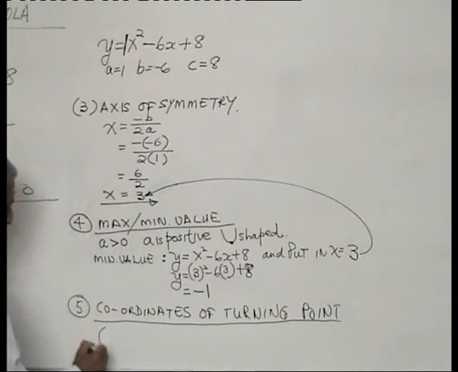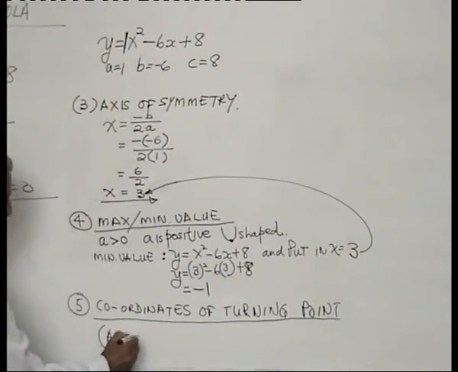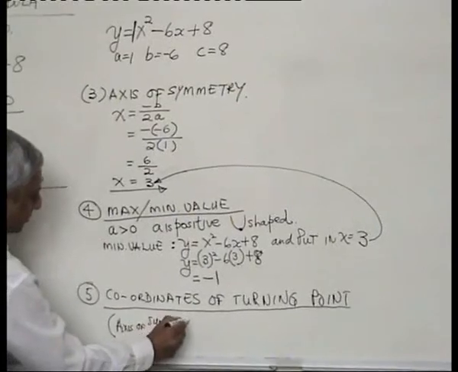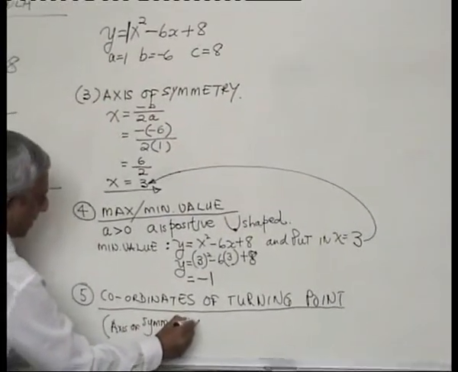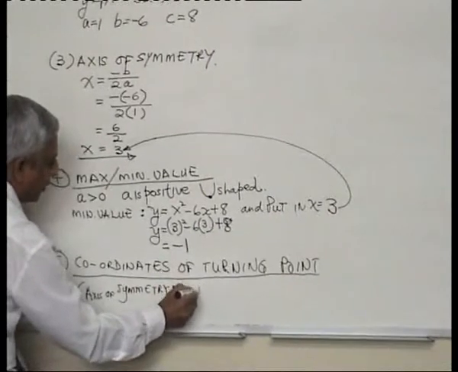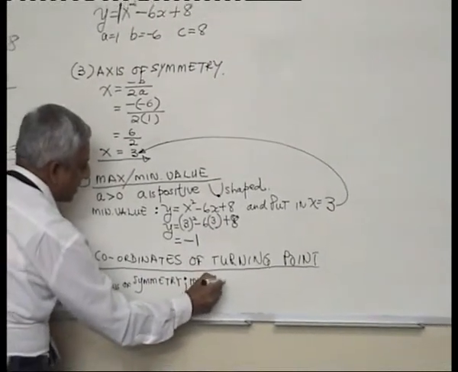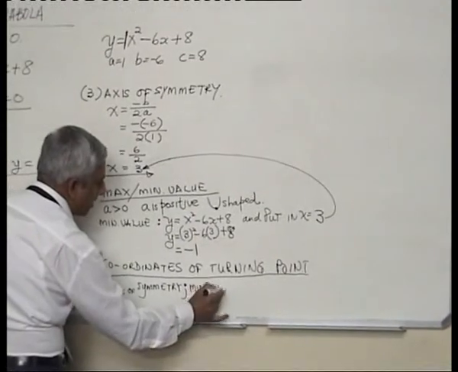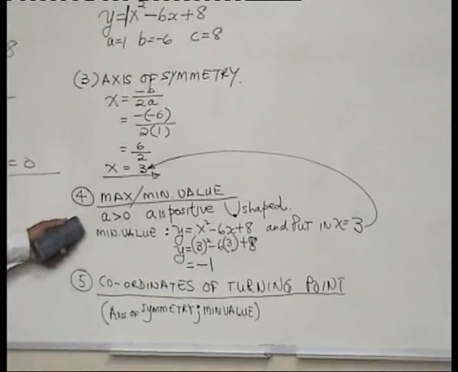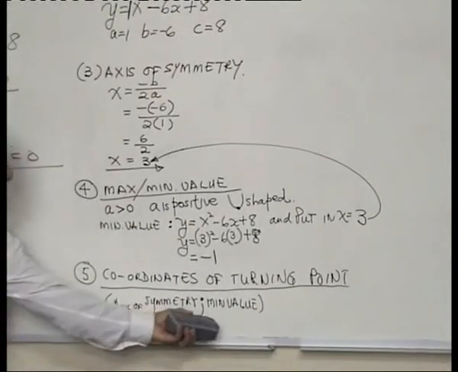The coordinates of the turning point are made up of the axis of symmetry and the minimum value in this case. In some examples it will be minimum value, in some examples it will be maximum value. Because we've got minimum value, it will be axis of symmetry and minimum value.